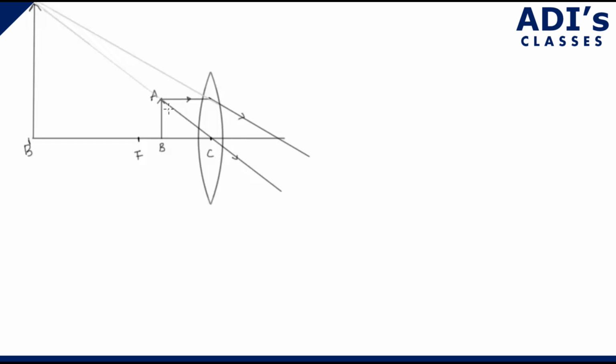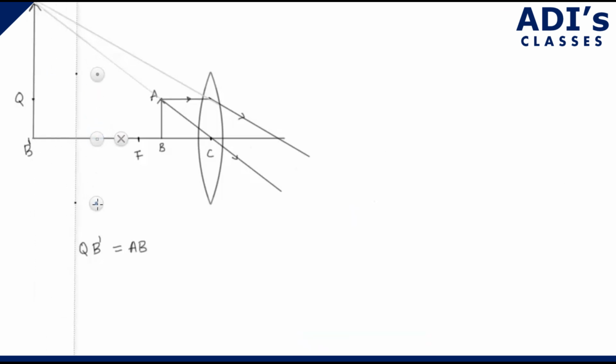All right. Now we are looking at the magnification produced by a simple microscope. You have AB here. With the same height as AB, we draw another point somewhere here. Let's call this point Q. So QB dash is equal to AB.